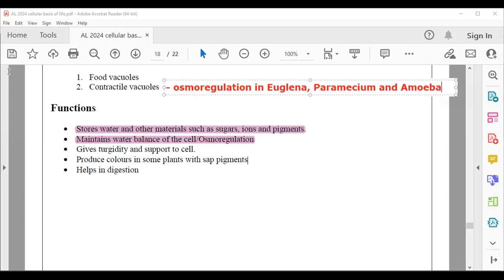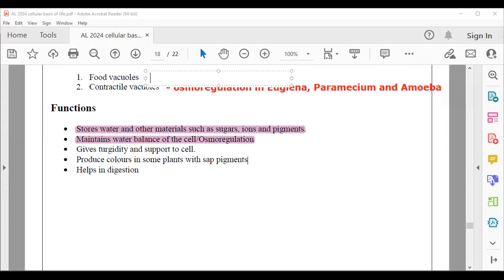Can bacteria have a vacuole? Mitochondria, chloroplast? Can there be? No. Right.